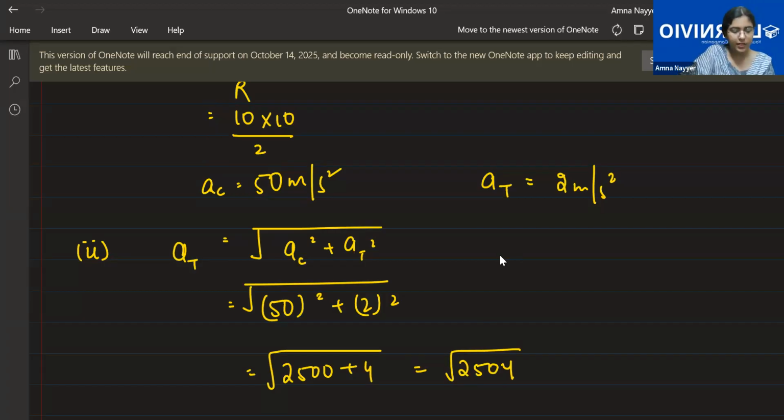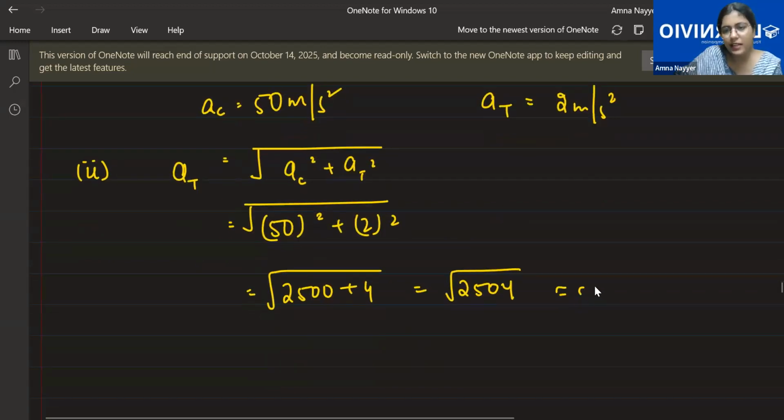What is its value? This is under root, because see, under root 2500, we know it is 50. So this should be 2504. Yeah, this is 50.0399 something. See, the extra part is negligible. So you can write this almost as 50.039. This is the accurate answer, but you write it as 50 meter per second square.